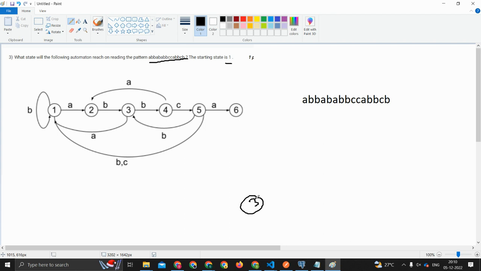Let's observe how this is. So, let's read this. Okay, so A to B. So first we have A. That means we are in this state. Then we have B. So since we have B, we come here. Then again B. So we move forward. So now we have A. So you go to this point.